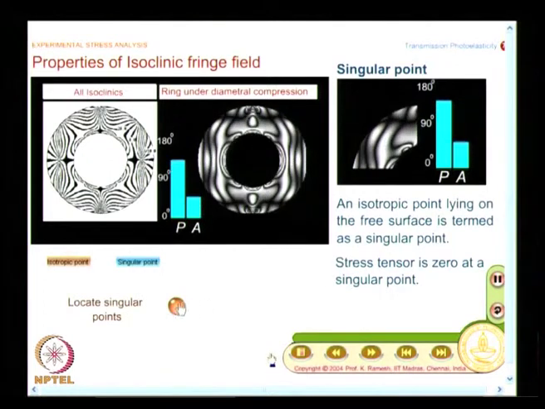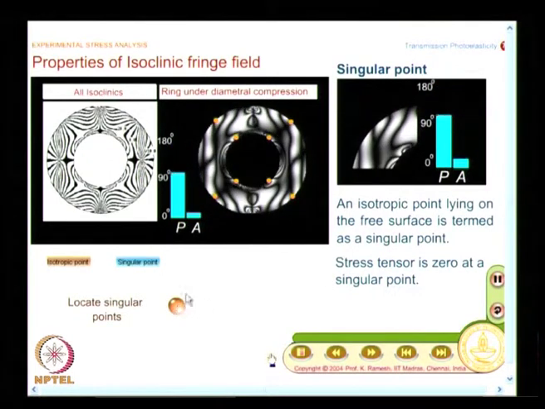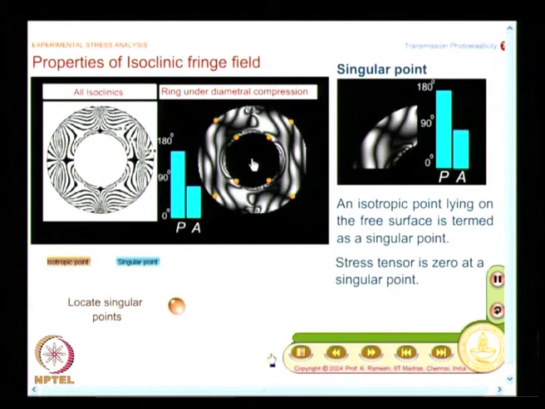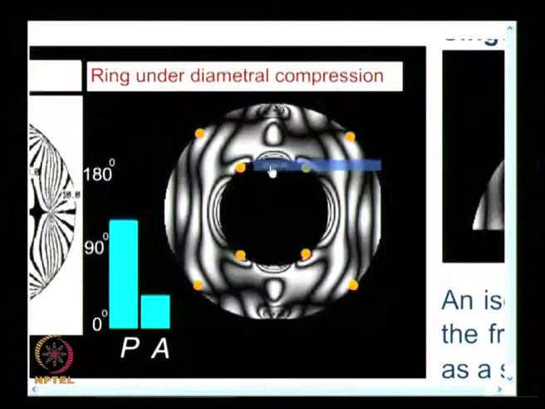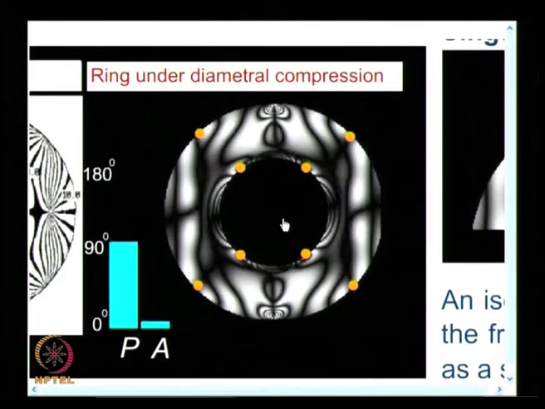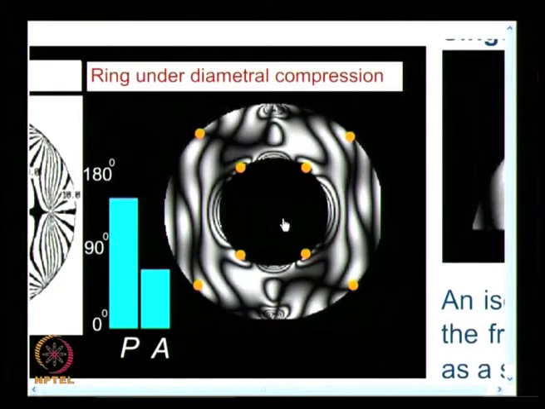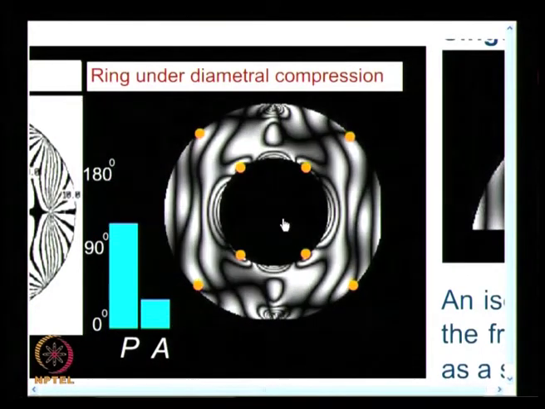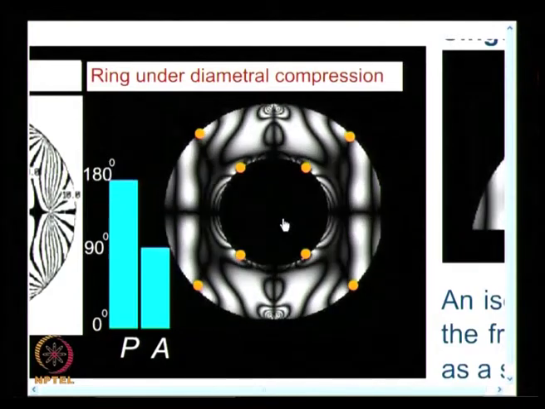And if I locate the singular point, you yourself know there are 8 such singular points in the ring under diametric compression. So, now you have a fairly good idea what is a source, what is a sink, what is a saddle point, what is an isotropic point, and what is a singular point.